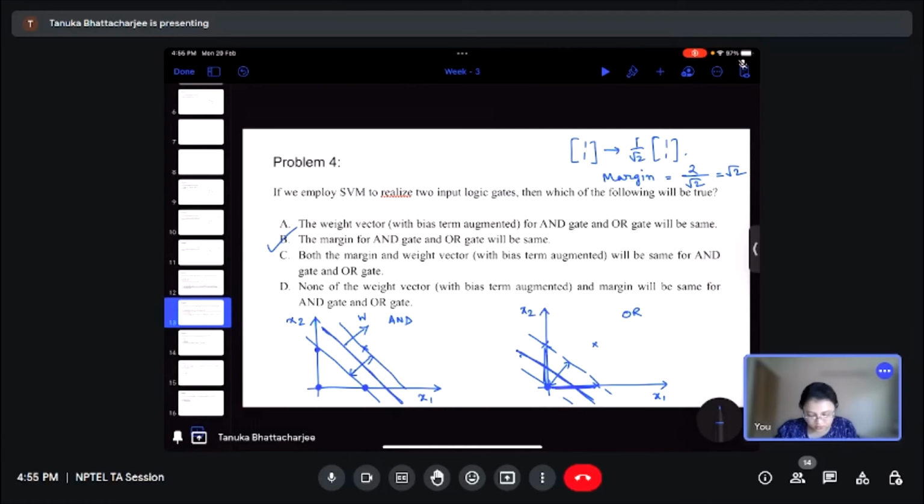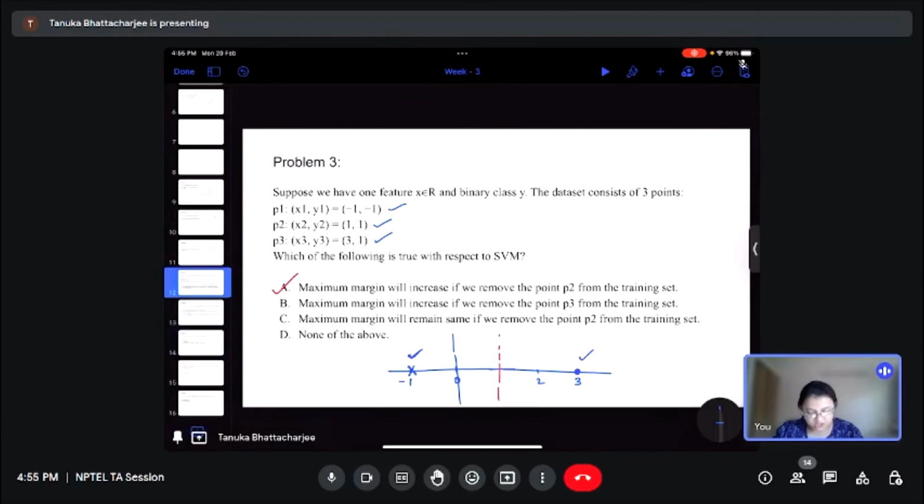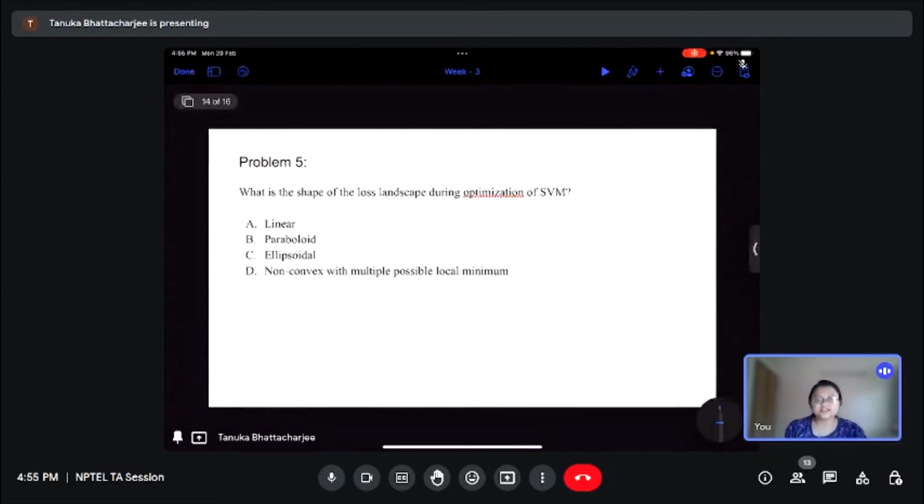Now we saw the margin computation, the decision boundaries, how to classify new points and all. Now let us see the training aspect of this SVM classifier. During obtaining the decision surface of the SVM, what is our main intention?